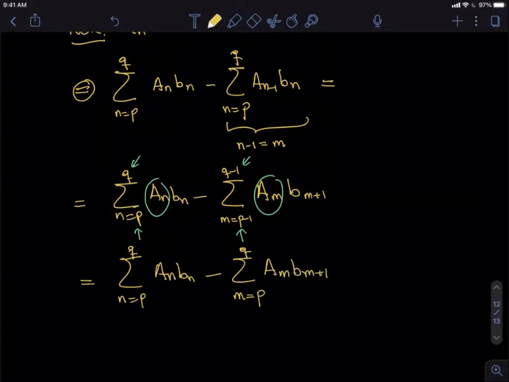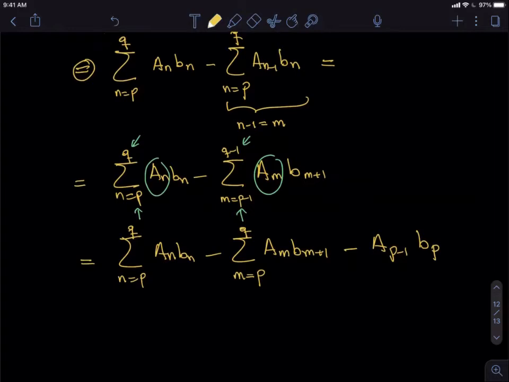And then notice here, I need to subtract A_{p-1} b_p, because that's the extra. Actually, there is one extra because m starts earlier. It starts at p minus 1, okay? So that one stays there, but then here I'm putting the sum all the way to q, and q was not there before. So because I'm subtracting, I need to add to compensate. So this is plus A_q b_{q+1}.